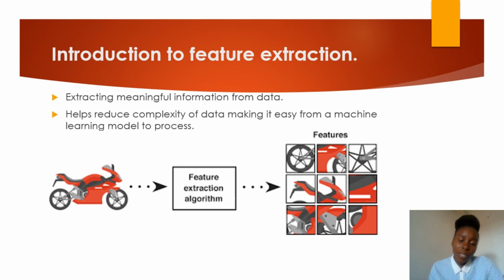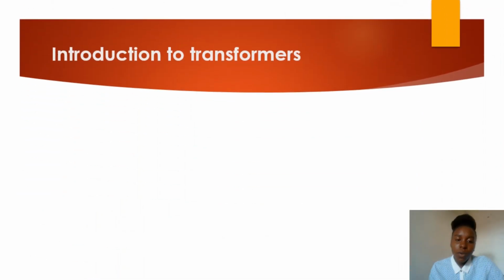Then I'll go to transformers. Transformers are deep neural networks that utilize a self-attention mechanism to capture contextual relationships from sequential data.